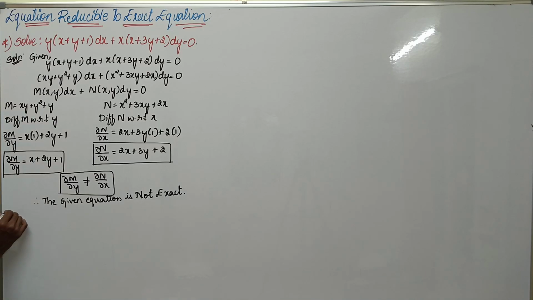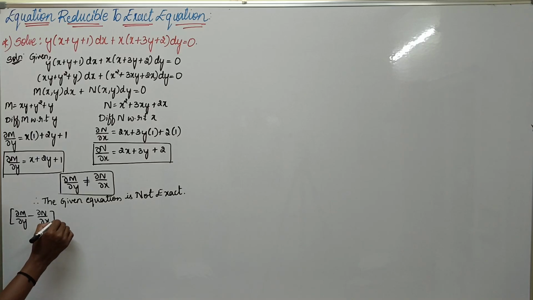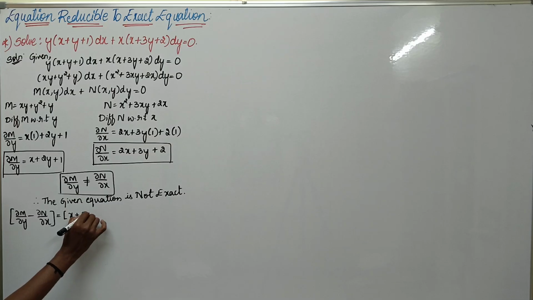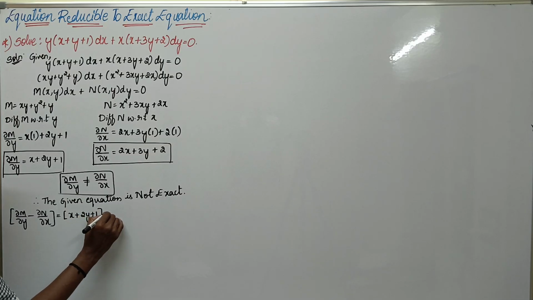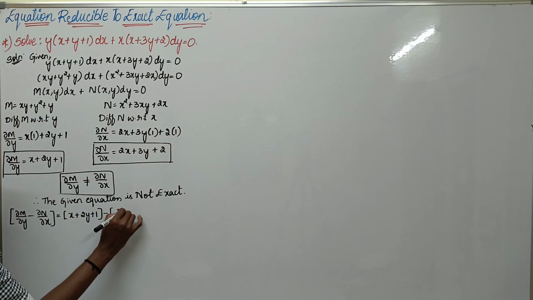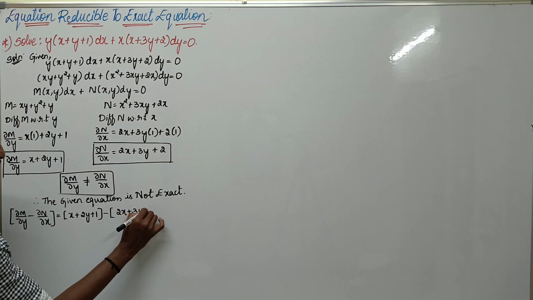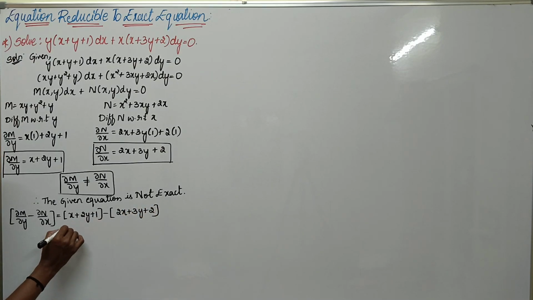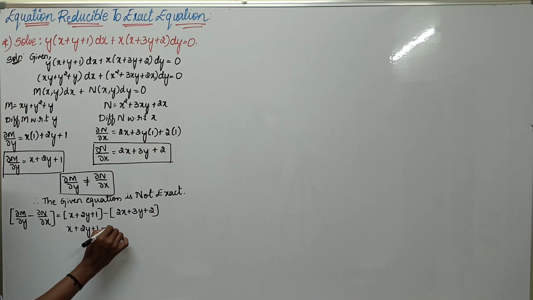How? First, subtract dou M by dou y minus dou N by dou x. What is dou M by dou y? We have x plus 2y plus 1 minus (2x plus 3y plus 2), that is x plus 2y plus 1 minus 2x minus 3y minus 2.